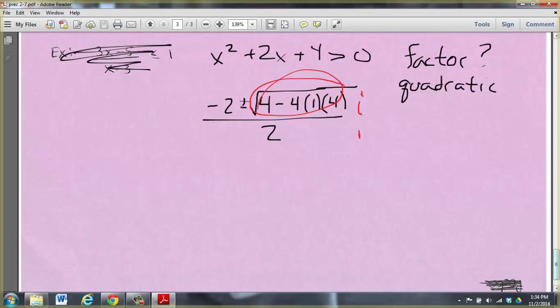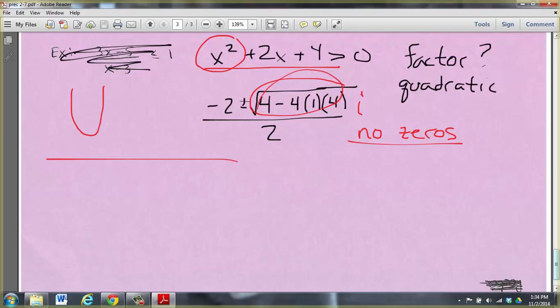Graphically it means there's no zeros. Okay, we can work with that because we know that this is a quadratic that opens up. If it opens up and yet it has no zeros, that means the x-axis is down there.